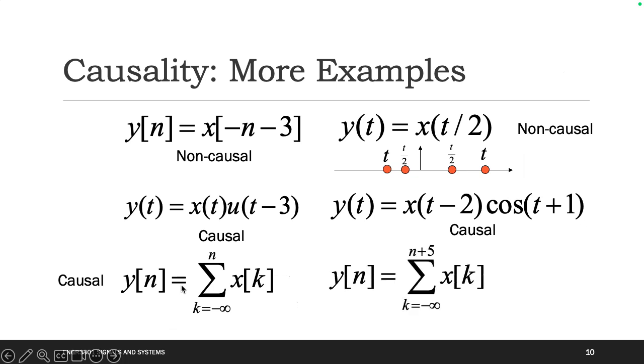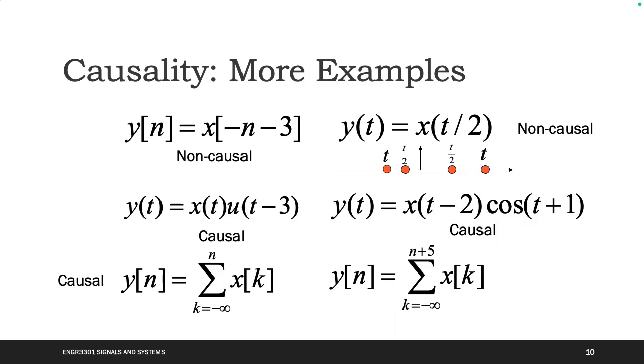How about this one? I think this one is obvious. This is just the system I give you, here is n plus 5. Causal or non-causal? If you try to find what is the present time, you just see here, here is only the present time. So non-causal.